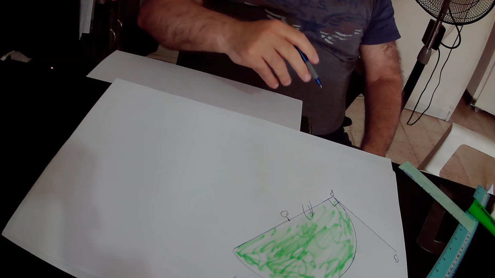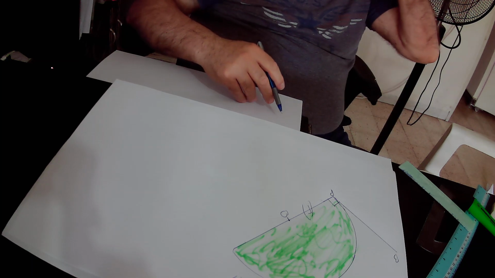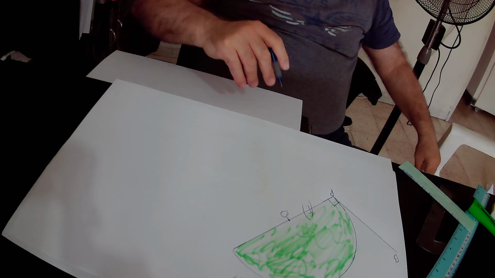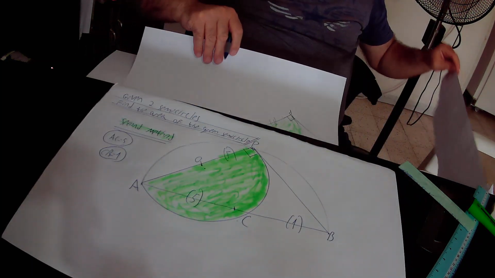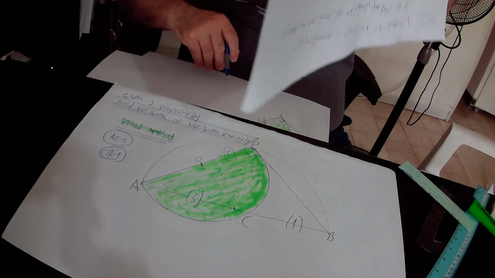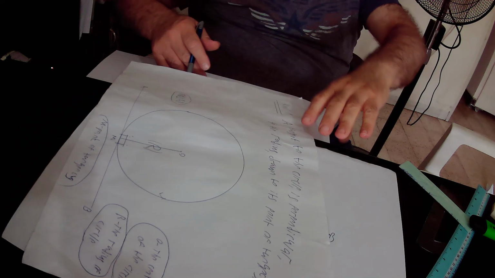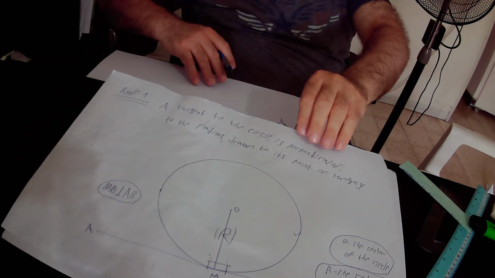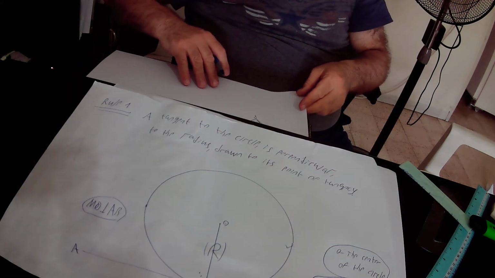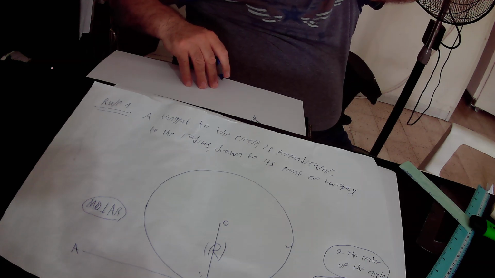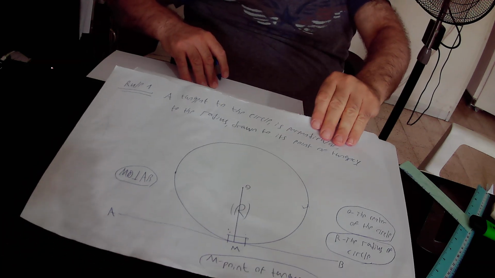Therefore, we can implement here rule 1. Let me repeat quickly rule 1. According to rule 1, the tangent to the circle is perpendicular to the radius drawn to its point of tangency.